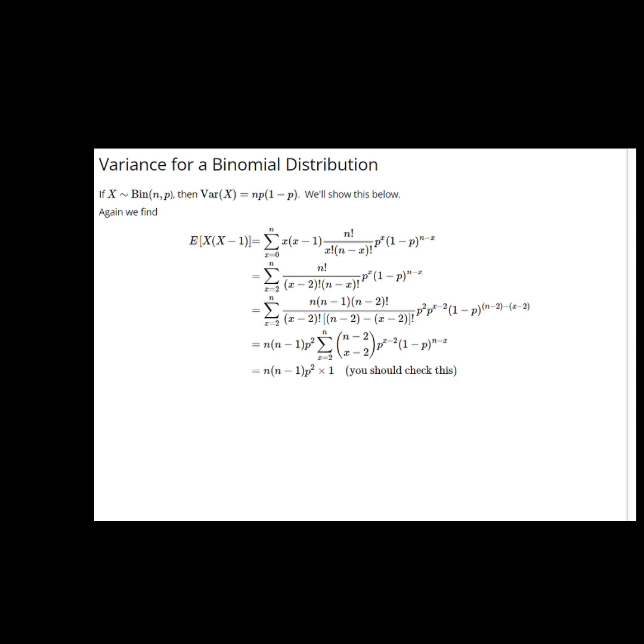So we're left with n times n minus 1 times p squared. So once again, to get the variance, we take the expected value of x times x minus 1, which we just obtained, add mu, subtract mu squared, but mu is n times p. So replacing mu by np and doing a little algebra, we end up with the variance of a binomial equal to n times p times 1 minus p.